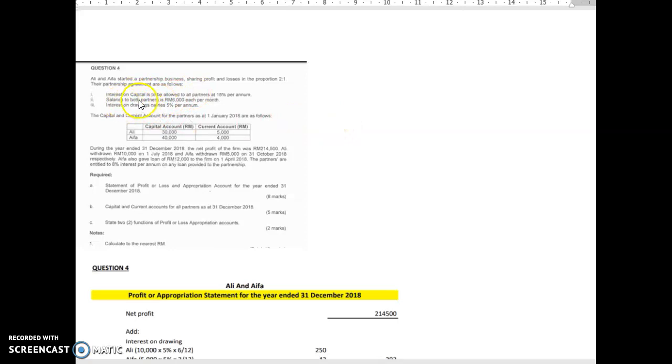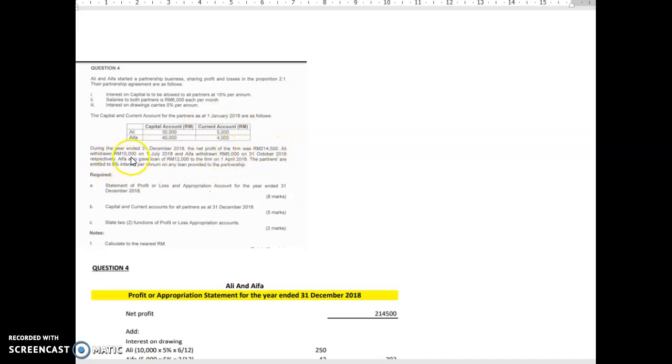The interest on capital is to be allowed to all partners at 15% per annum. Salary to both partners is 6,000 per month. Interest on drawing is charged at 5% per annum. This is the capital and also the current account as at 1st January 2018. During the year, the net profit of the firm is 214,500.